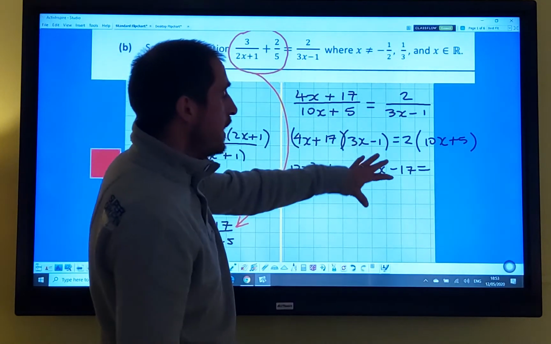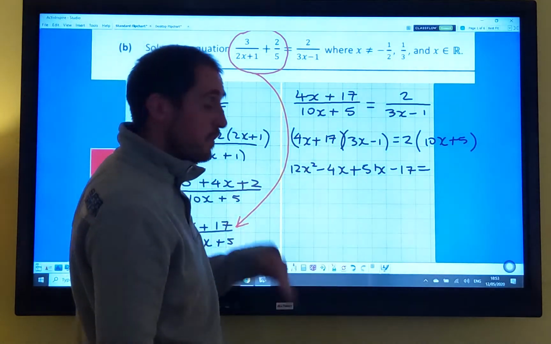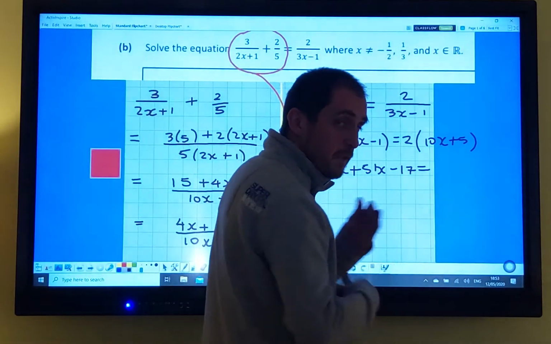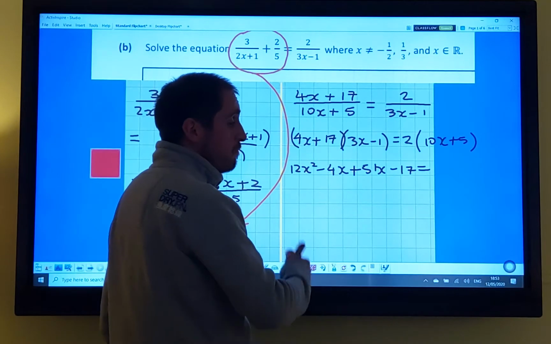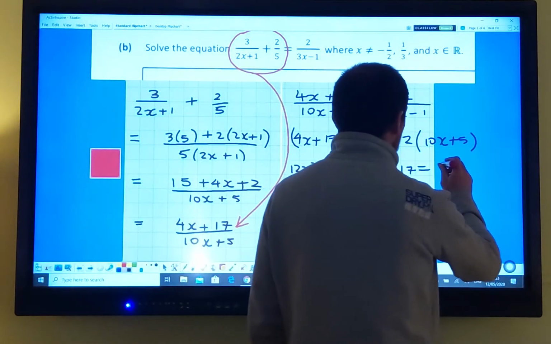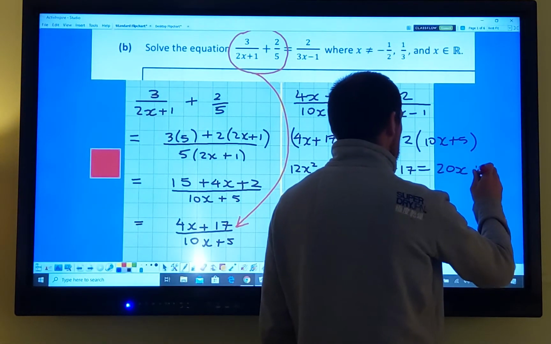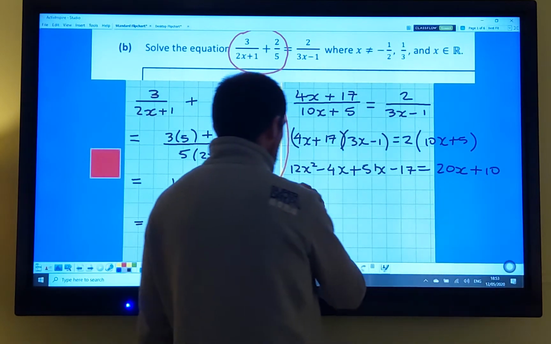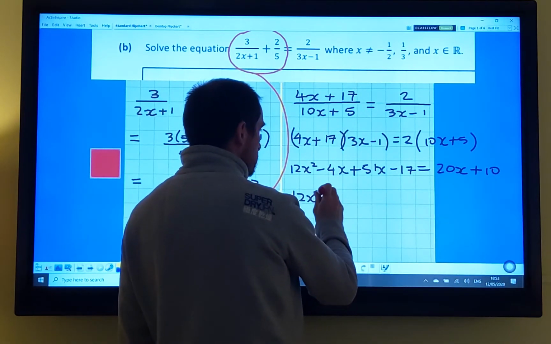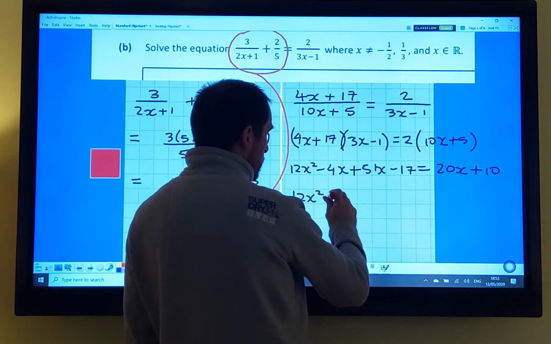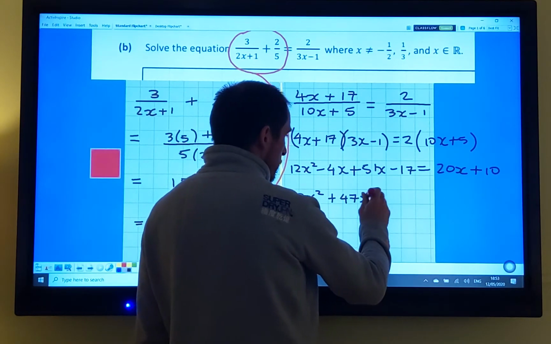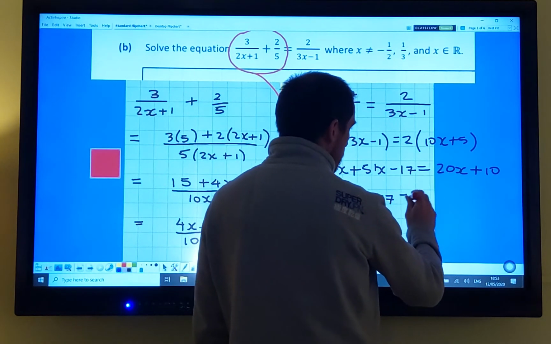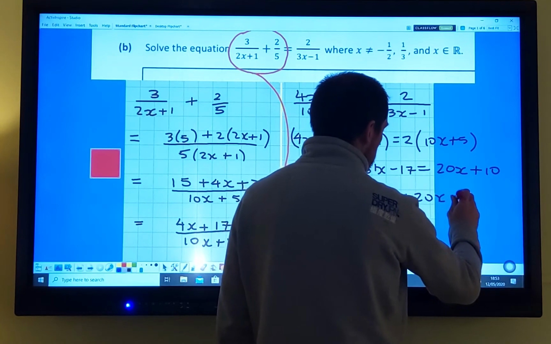Just take it in stages. Don't worry how many steps you're writing out, because it just works out. 2 times 10x is 20x plus 10. So that's written as 12x squared plus 47x minus 17, equal to 20x plus 10.